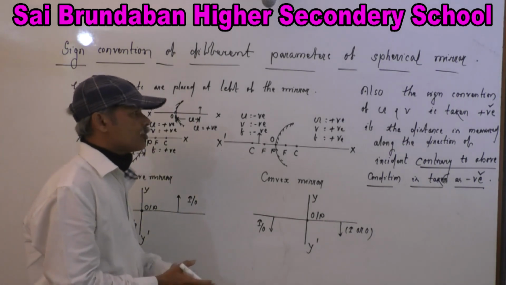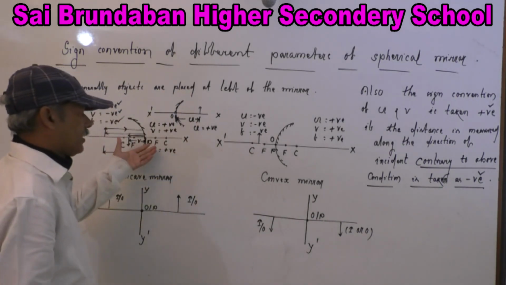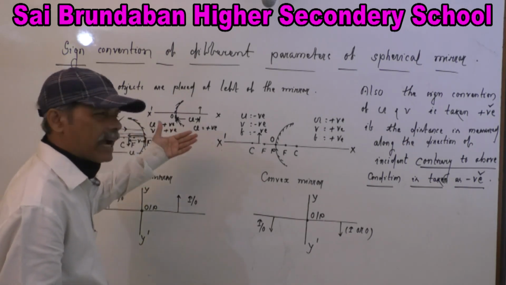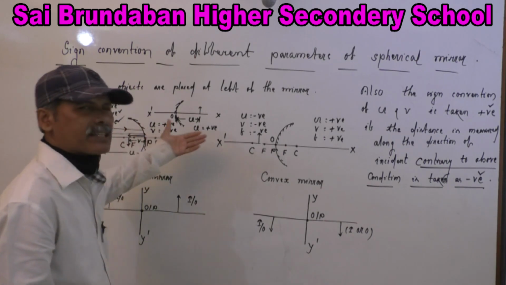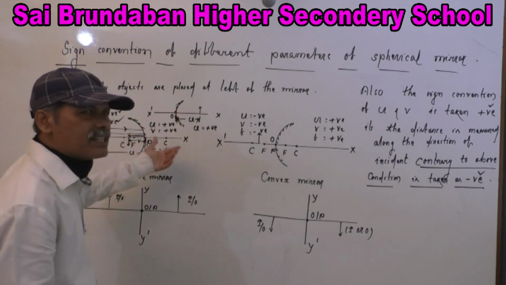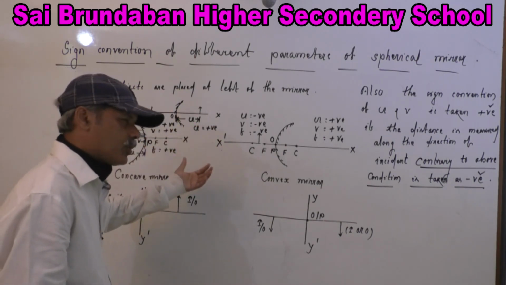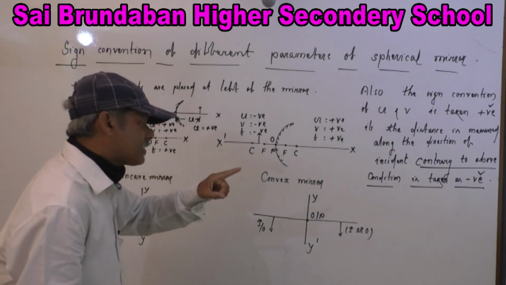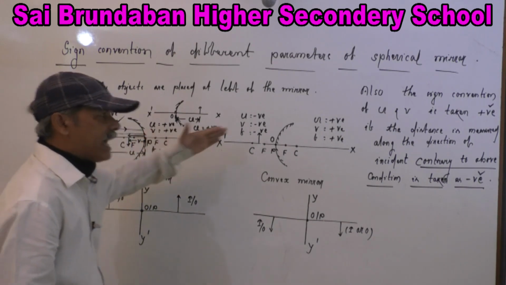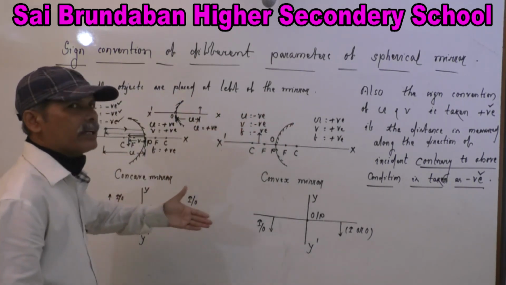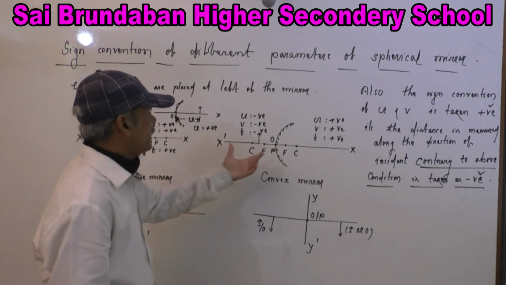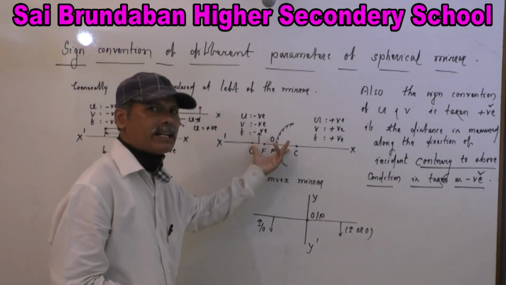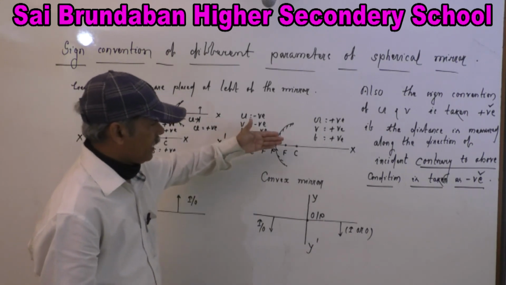So you can give the sign convention by seeing the direction of incident ray and contrary to it, or else you can take the sign convention in accordance with the position of the x-axis.